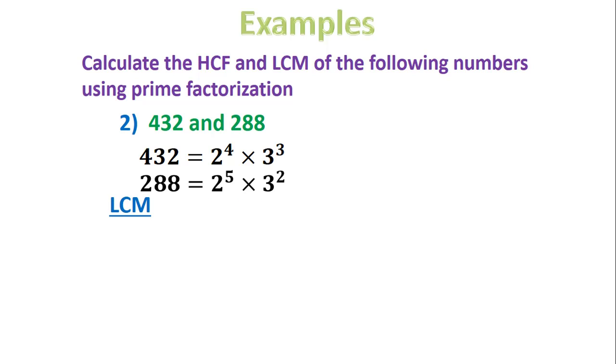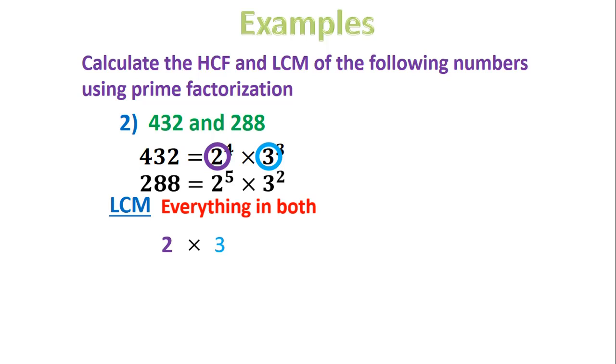Lowest common multiple. Now remember, for this one, everyone is invited. It has to have every single base in both of them. So let's have a look. There's a 2, so we write down 2 times. There's a 3, and so we write down a 3.